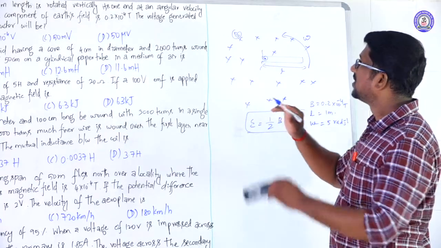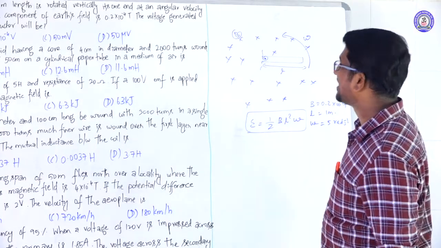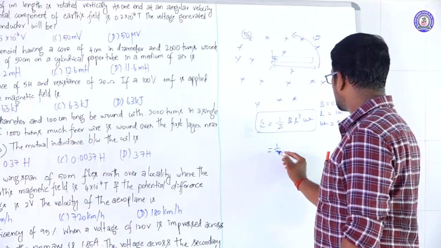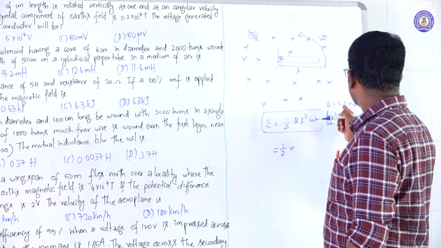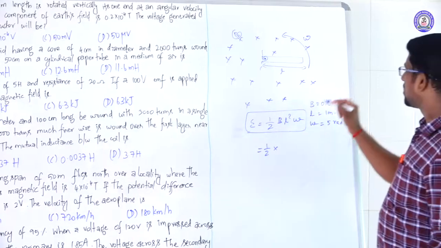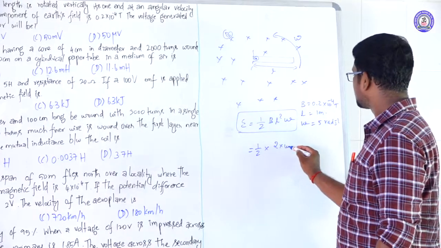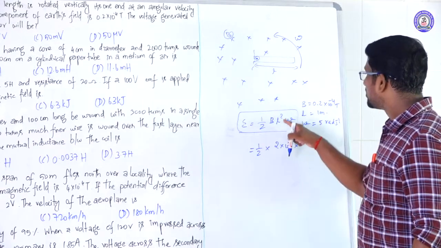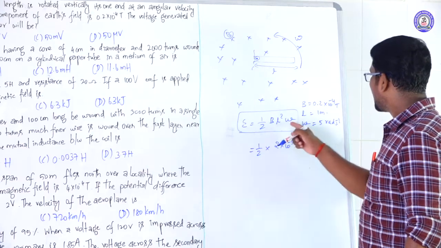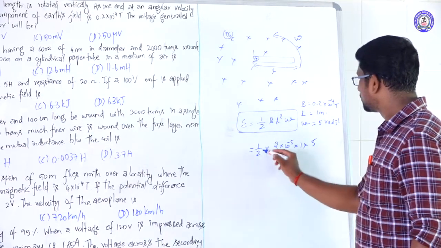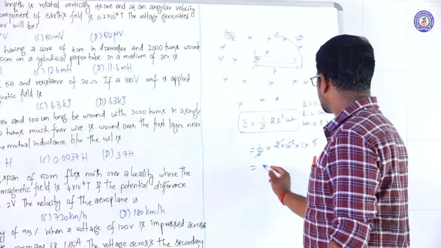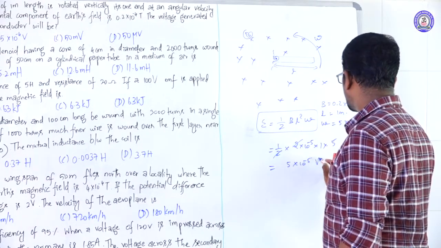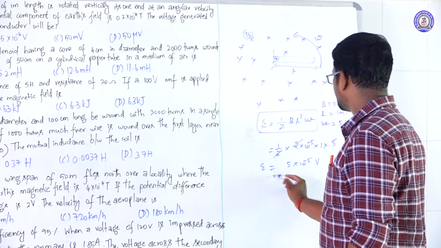The induced EMF at the two ends of the conductor is given by E equal to half B L square omega. So 1 by 2, B value 0.2 into 10 power minus 4 or 2 into 10 power minus 5, and length of the rod is 1 square, 1, and angular velocity value is 5. So the 2 cancels. That is equal to 5 into 10 power minus 5 volt induced EMF.